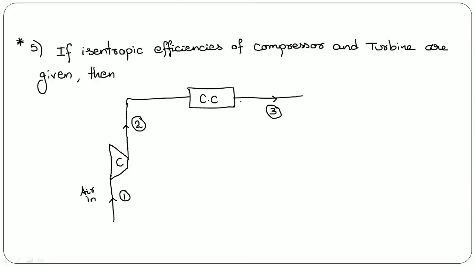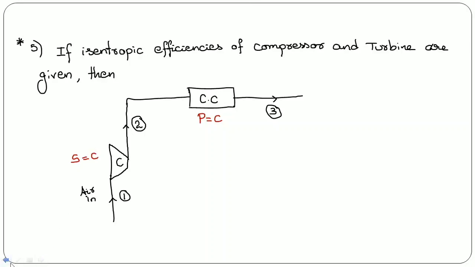But when it comes to the ideal cycle, let us say during process 2 to 3, heat is added at constant pressure, such that the temperature increases and pressure remains constant here. Here, let us assume that the compression is isentropic at the beginning.